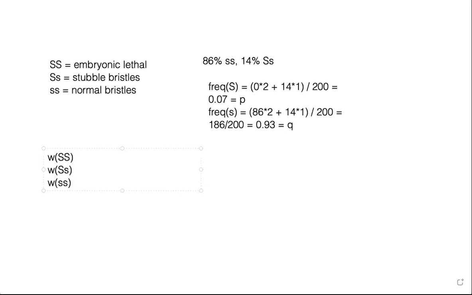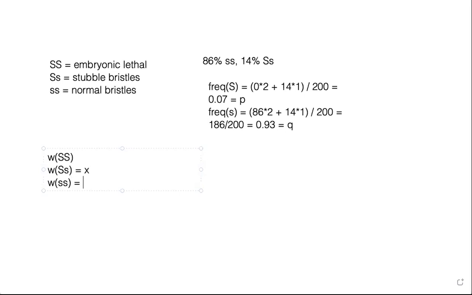All we're given is the knowledge that stubble bristle flies and normal bristle flies don't differ in fitness, which means that in any population, some stubble flies die before they get to reproduce. They get eaten by spiders or infected with parasites or whatever it is. And only some fraction of stubble flies gets to live. I'm going to call that X. That's the fraction of stubble flies that survive and reproduce. We don't have to know what X is.